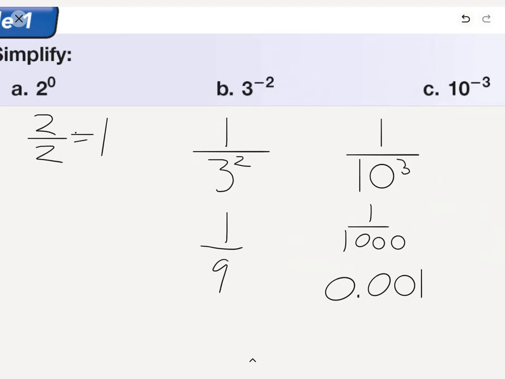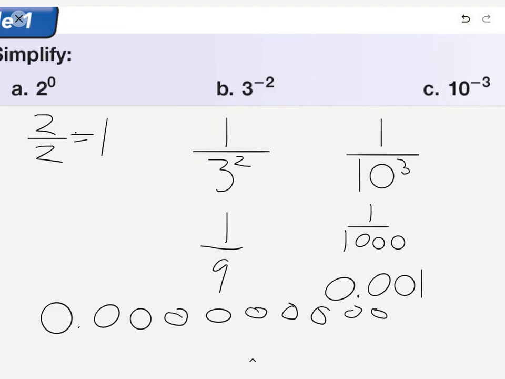So this segues into what the whole rule with the scientific notation is going to look like. So what if you've got really small numbers to work with, like the size or weight of an atom? Something where you're going to end up with a gazillion zeros.